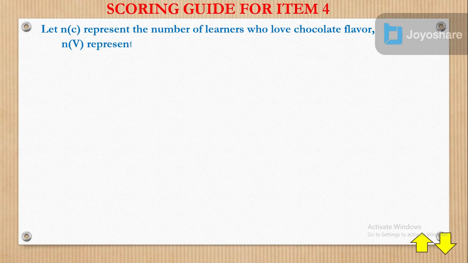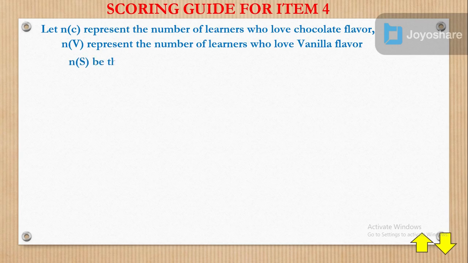Also we have that. And also we have that. So let V mean vanilla, S mean strawberry.